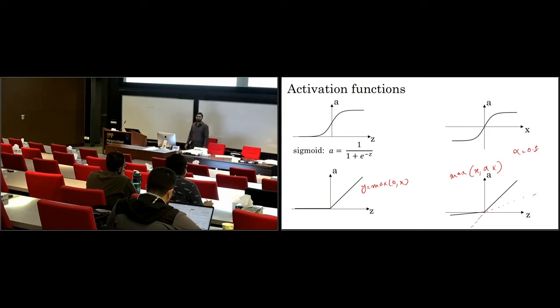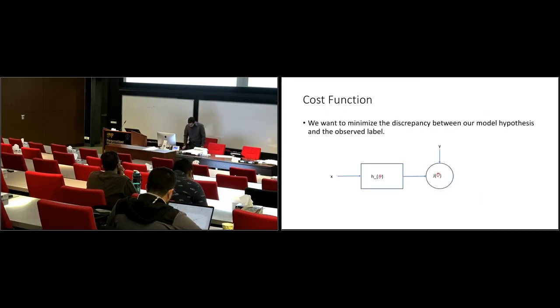Okay? So now for a classification problem, we have formulated it as a problem where we need an activation function which gives us a value between 0 and 1, which we interpret as the probability of it belonging to a class. Okay. How would we write a loss function or a cost function for this?